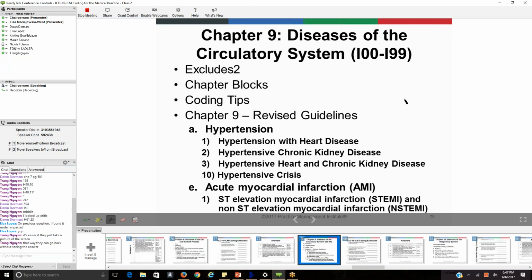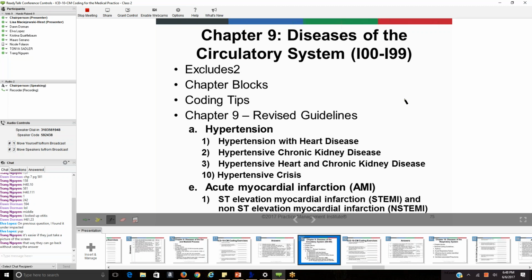And so there are definitely chapter-specific guidelines that you need to know, and if you code cardiology, it's going to be very important for you to know these chapter-specific guidelines pretty cold. If you don't do a lot of cardiology coding, just know that there are a number of chapter-specific guidelines that you must refer to if you ever are put in a position to where you have to code from this chapter. So let's talk about that.